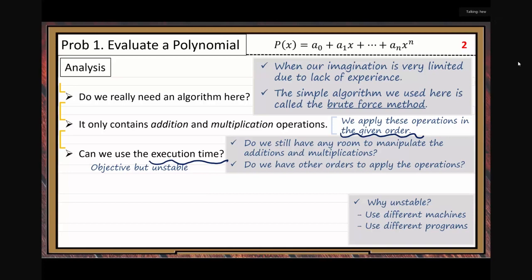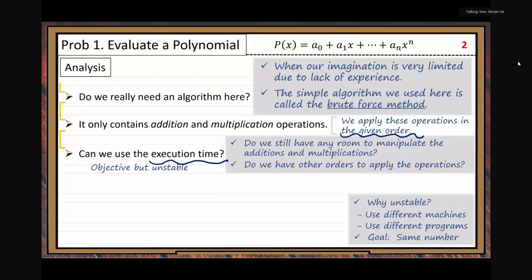So from the hardware and software side, execution time measure is not stable. We want a stable one: no matter what hardware or software you use, the measure is the same.